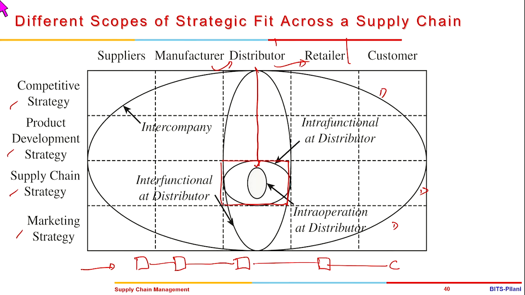So the distributor should look not only at how to work along with the retailer and manufacturer, but also at its own internal operations which are affecting the supply chain. That is called intra-operation, and it should try to minimize those costs.